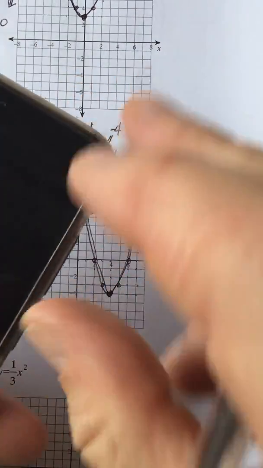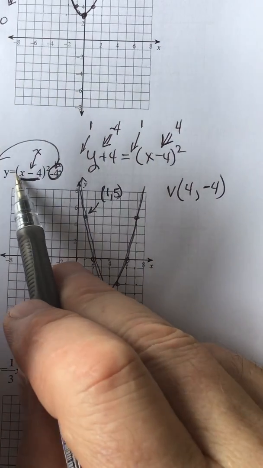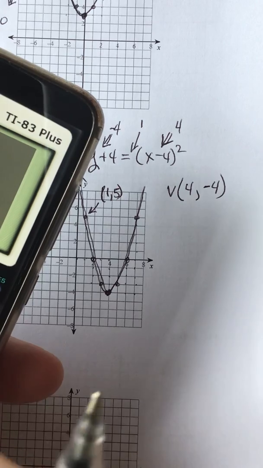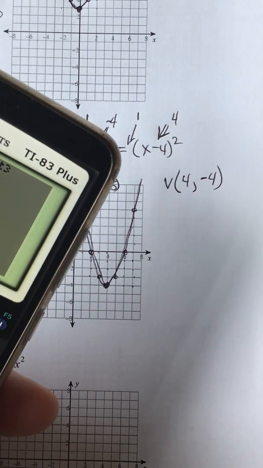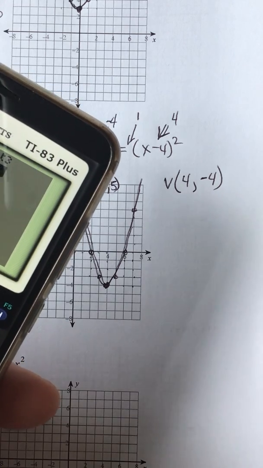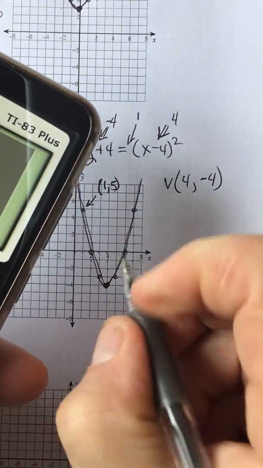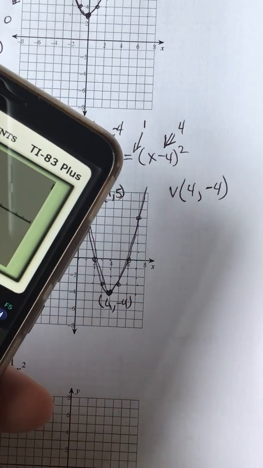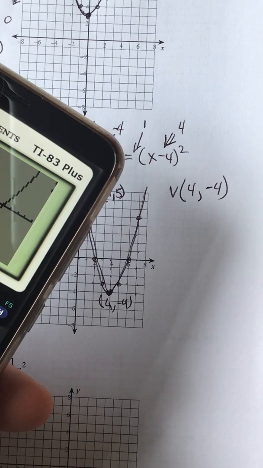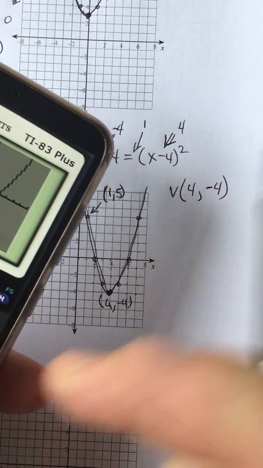So if I were to graph that on my calculator, I'll type it in exactly how it was. Y equals x minus 4 all squared minus 4. That should start down here at this vertex. This dot right here is at 4, -4. That should be where it starts. And then it has normal height. So the dot 1, 5 should be on the table.